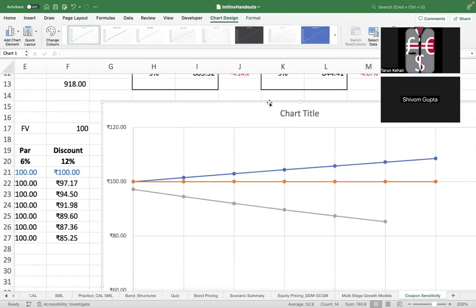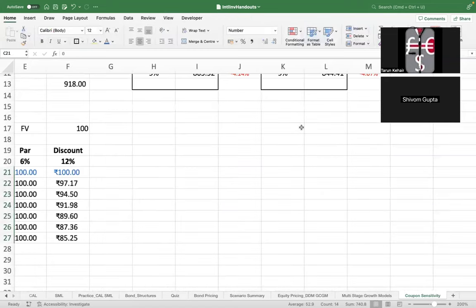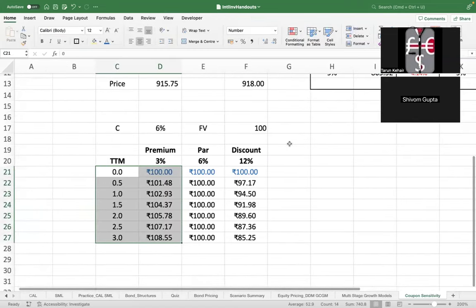I'll tell you why that happens. If you look at the graph that we prepared, it's because of the axis. So I can actually change that.